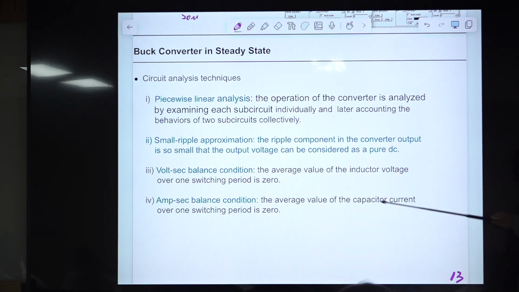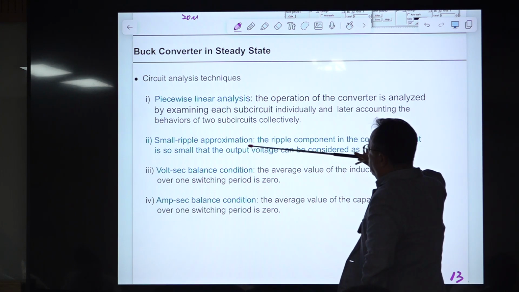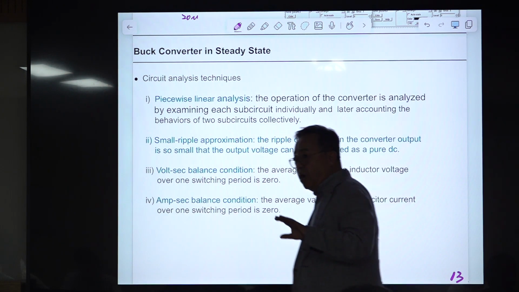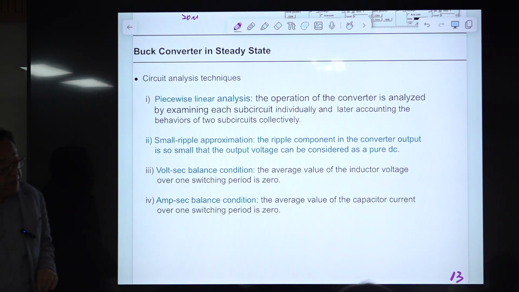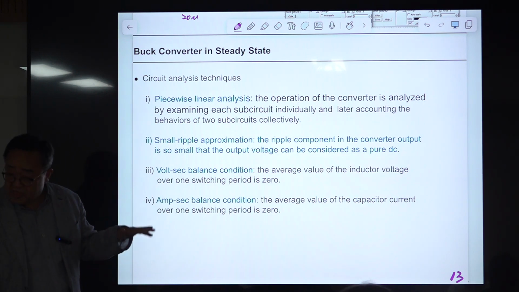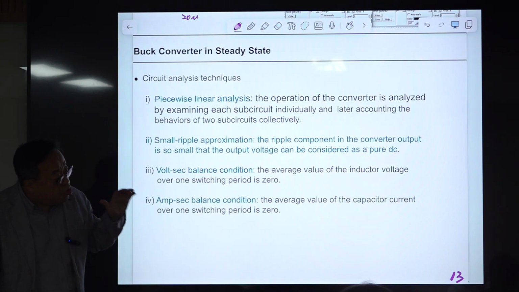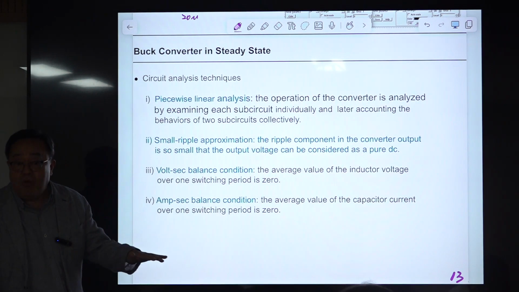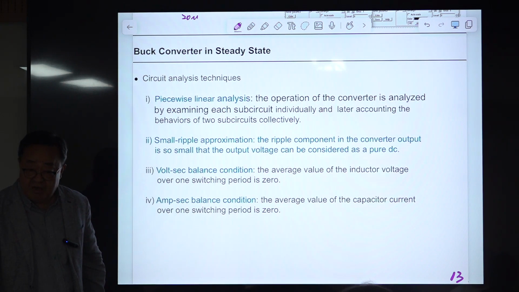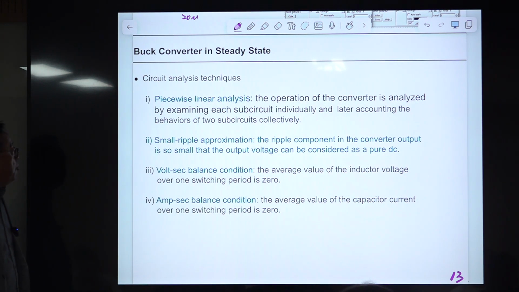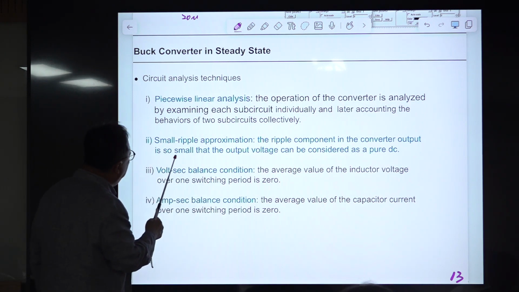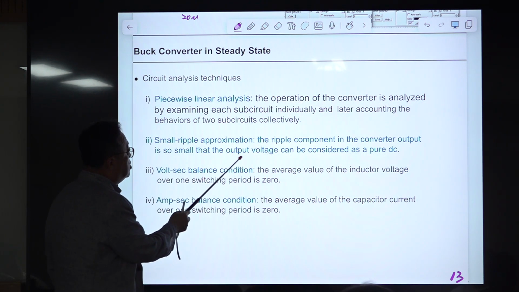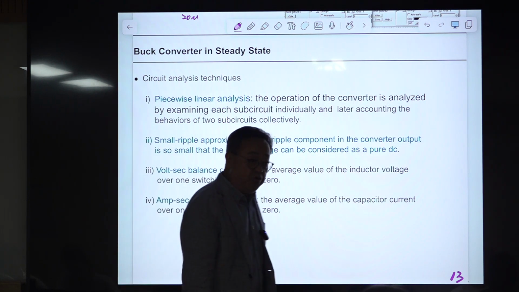And this one is very important. Small ripple approximation: the output of any converter always contains some ripple component, which can be small, or in some cases can be large. But we assume that the ripple is so small that the output is considered as pure DC. Right? That is called the small ripple approximation. The ripple component in the converter output is so small that our voltage can be considered as pure DC.